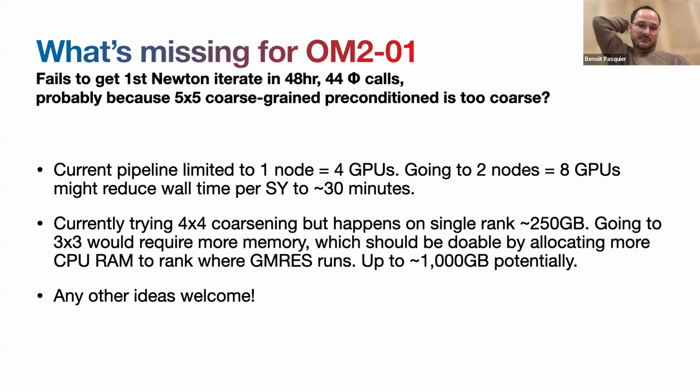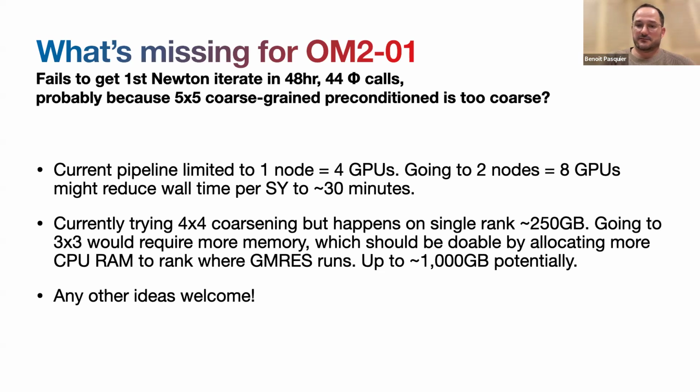My last attempt failed after a 48-hour job on 4 GPUs with a 5x5 coarsening. The 5x5 coarsening is maybe too coarse, and so maybe the Jacobian is too approximate. That means that the GMRES, the Krylov solver, takes a bit too much time, too many iterates, too many maps of 1 year, too many simulations of 1 year to get one iterate done.